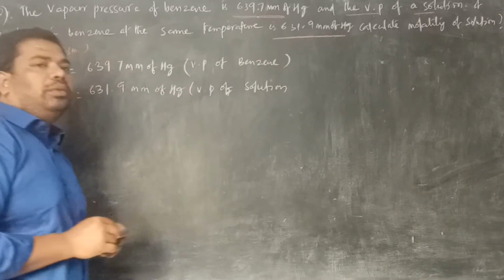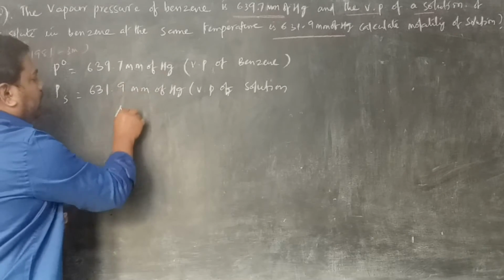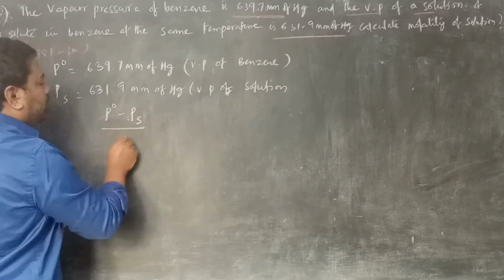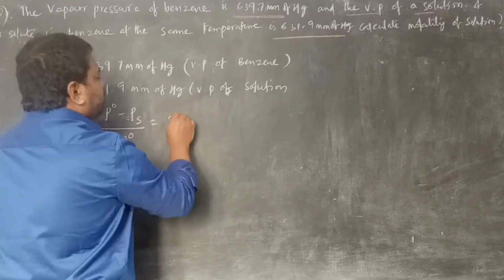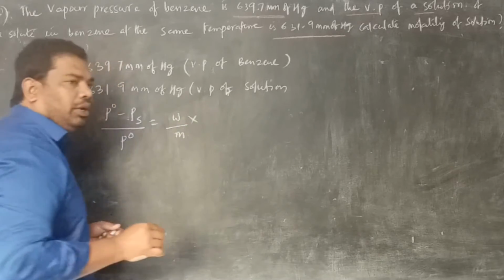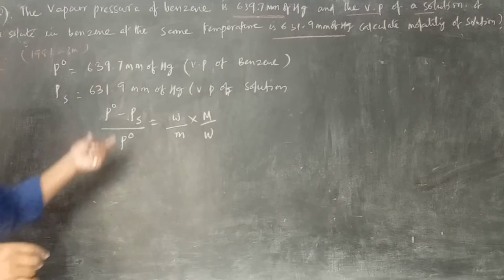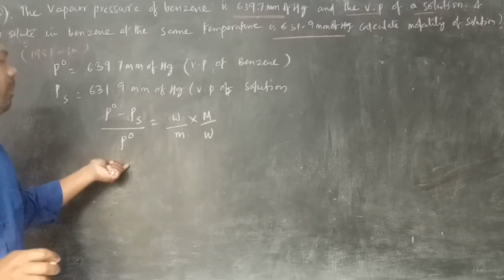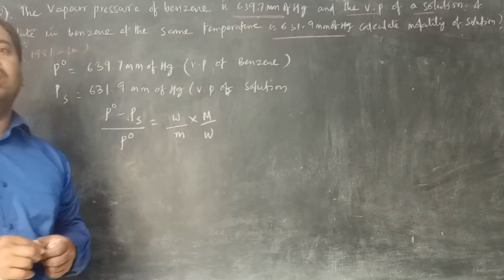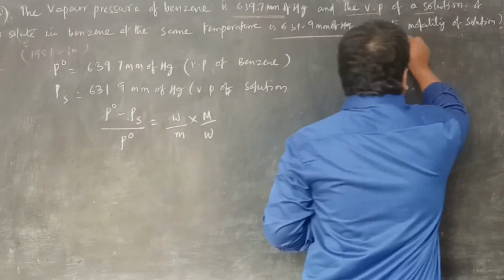The relative lowering of vapor pressure, used with molecular mass, is (P naught minus Ps) by P naught equals small w by small m into capital M by capital W. This is used to find the molecular mass, but here he is not asking for molecular mass, he is asking for molality.